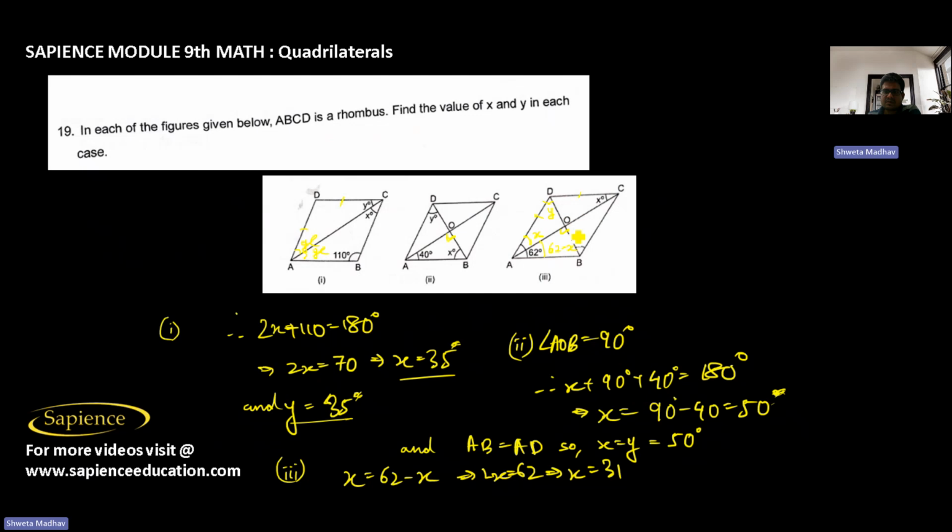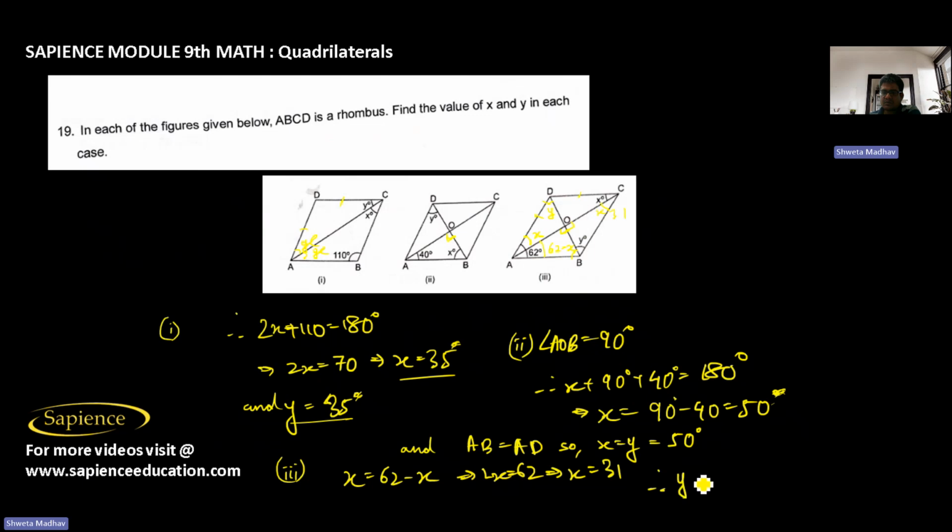Then this is x, this is y. 62 minus x is also x. This is x and this is also x. This is 31. This is a right angle.